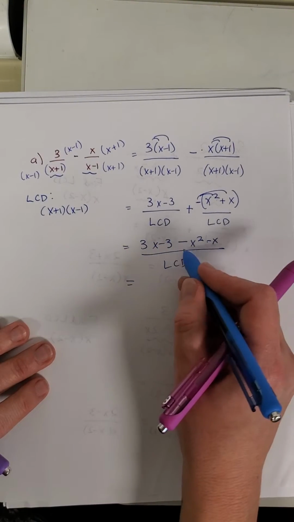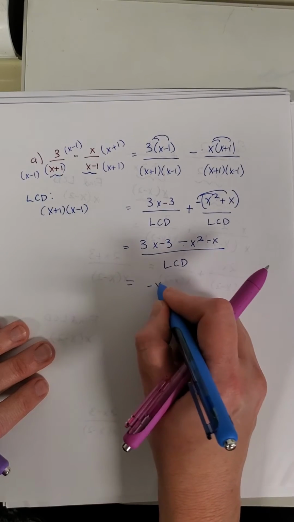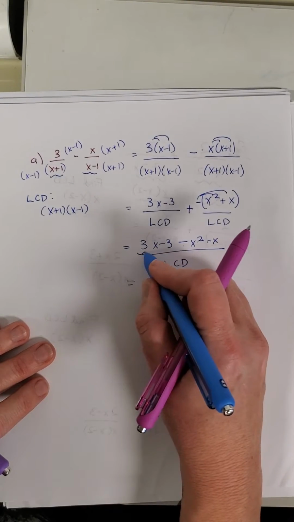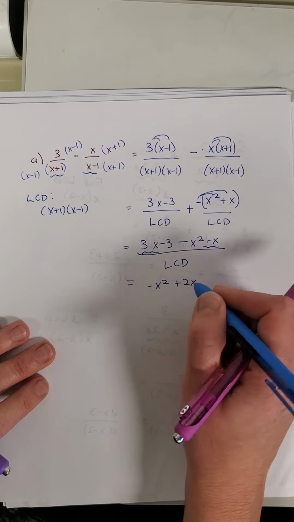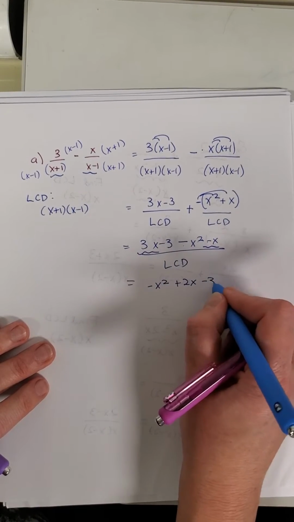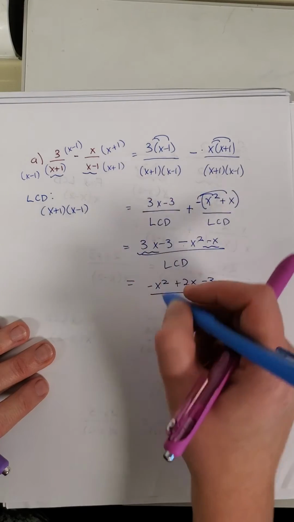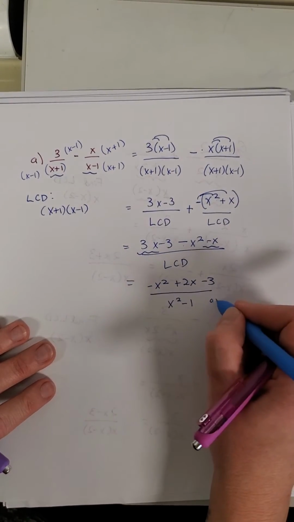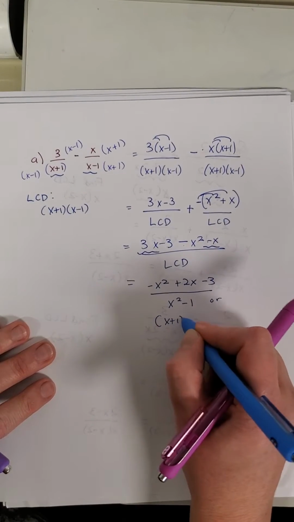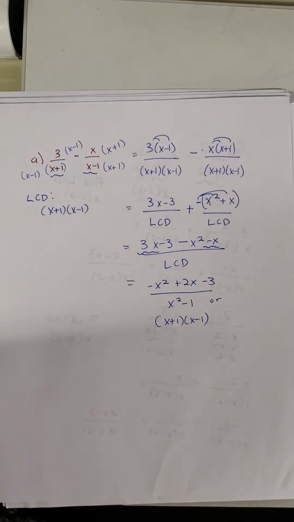And then I can combine like terms, that's negative x squared. And then I have 3x and negative 1x, which would be positive 2x. And then minus 3 over, again, you can multiply this back out, it's x squared minus 1, or you can leave it as x plus 1, x minus 1. Either one.